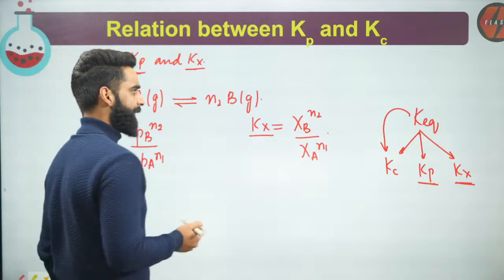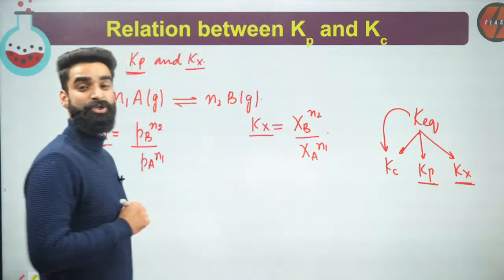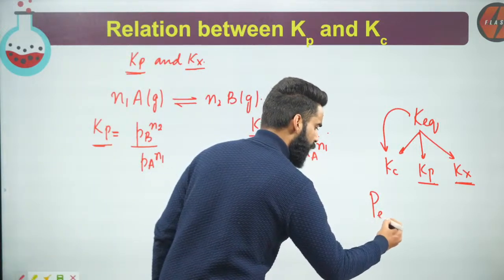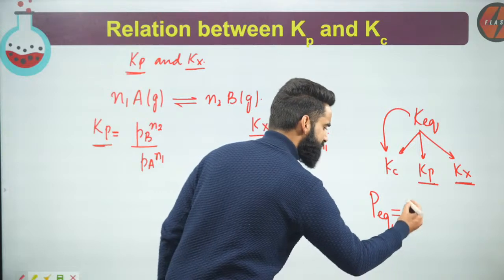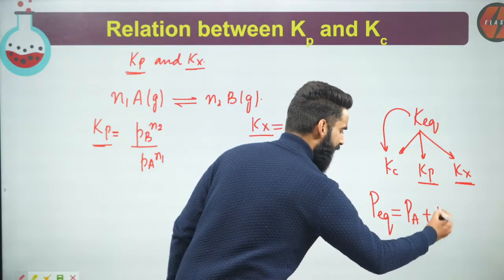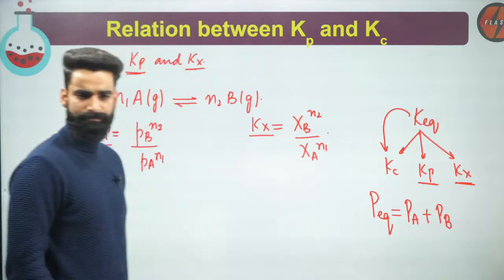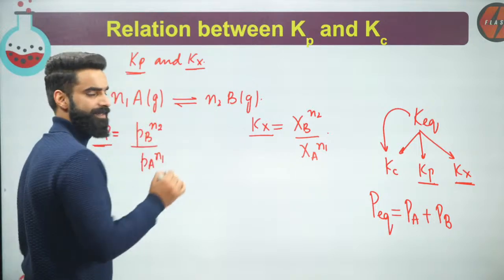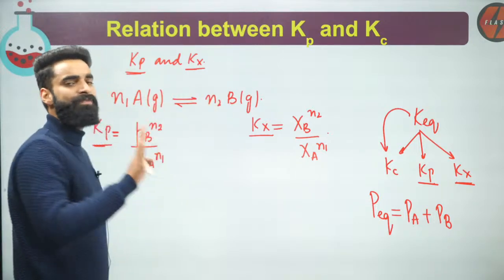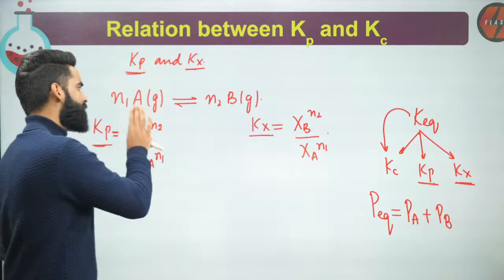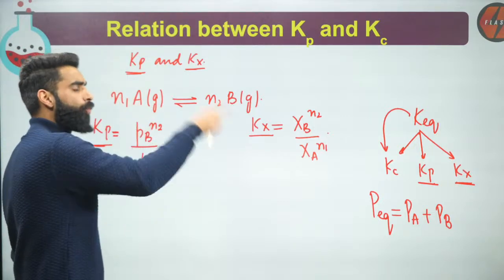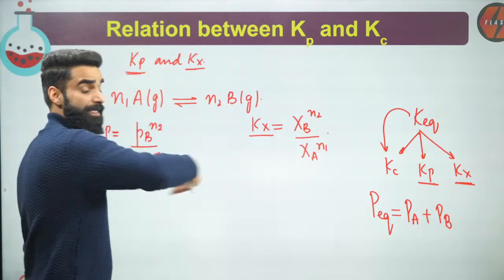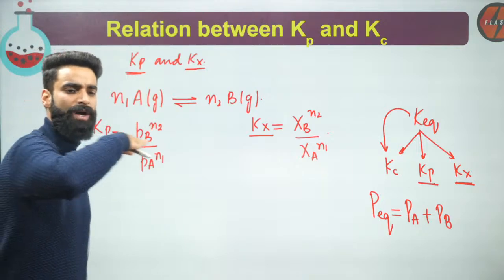Now people, in the gaseous state we have discussed Dalton's law of partial pressure. Can I say the total pressure at equilibrium will be the sum of the partial pressures of A and B at equilibrium? Very simple concept. When equilibrium is attained in the reaction, the number of moles of A and B become fixed, constant. So the contribution of A towards the total pressure at equilibrium and the contribution of B towards the total pressure at equilibrium will also attain a fixed value.